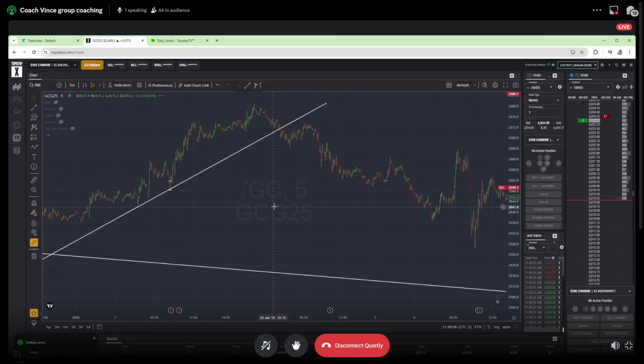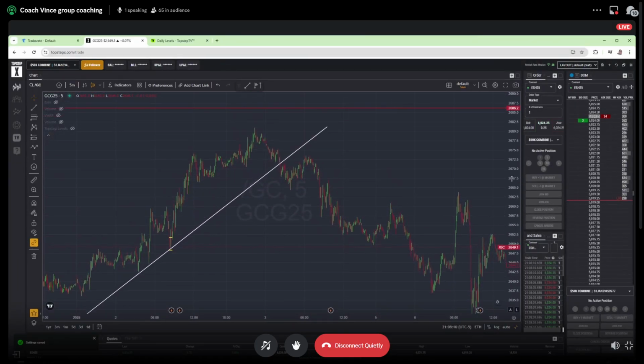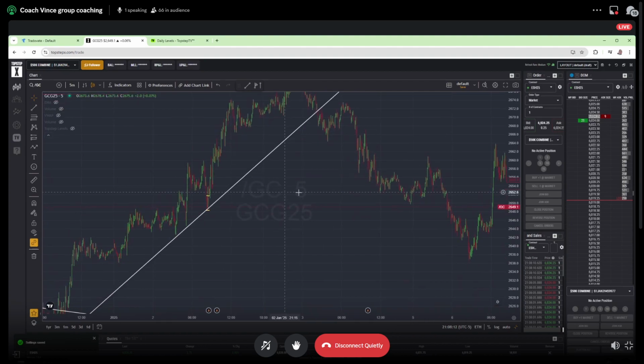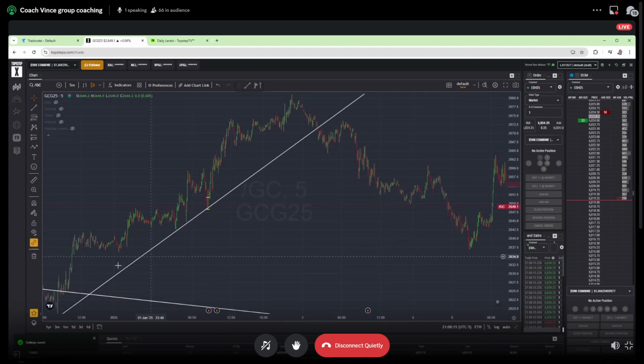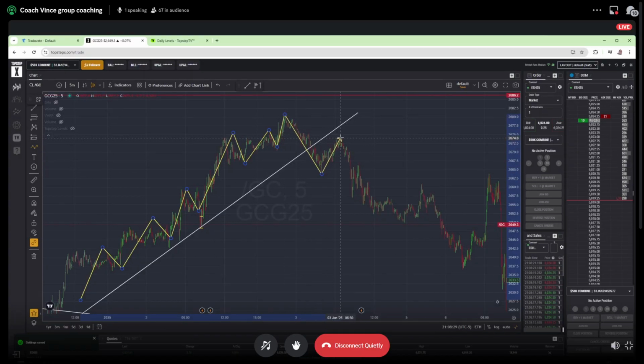Okay, but here you can see it again. The 5-minute. That was a 30-minute. Here's the 5-minute. Okay, so you can see here's the trend, right? Trending up. We're doing this. Break structure, retest the line.